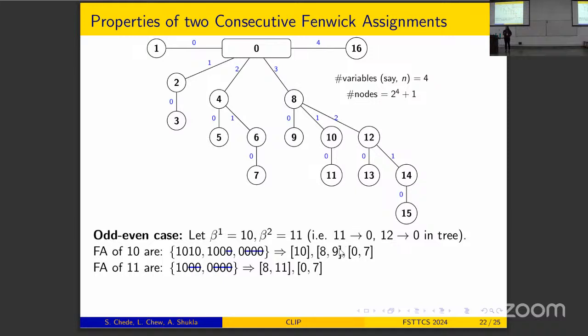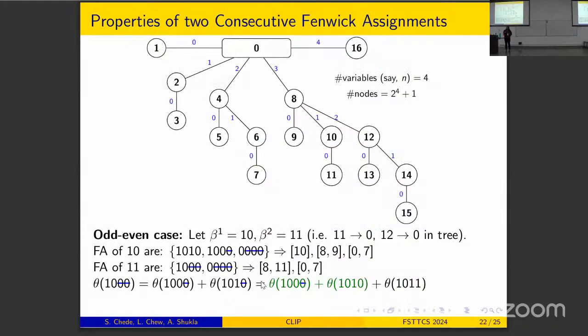But we have property 2, right? We just expand this assignment with 0, 1. And again, you can see that this first one is what we already have. So we just want this second one to expand it, right? After doing that, you have all the Fenwick assignments of the previous one, plus the only extra one was exactly 1011, that is 11, right?